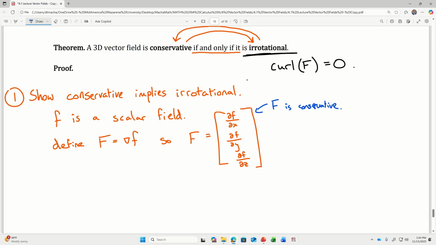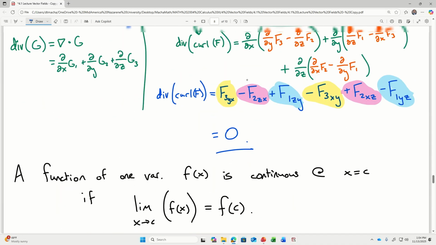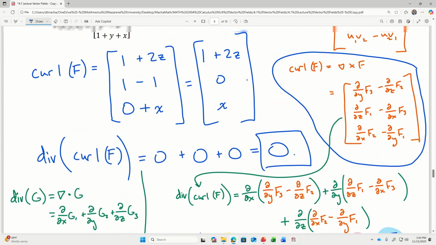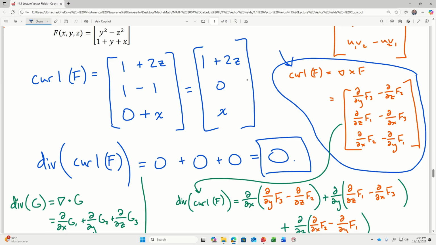So let's take the curl of F. Man, I cannot remember that curl formula. It's tough. I'm going to have to reproduce it from scratch every single time. But here's the curl. I'm taking the partial with respect to y of f3 minus the partial with respect to z of f2.